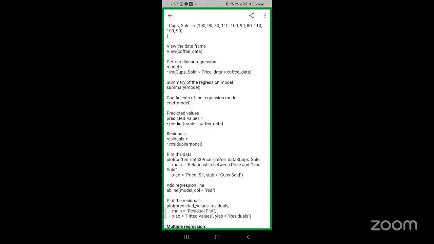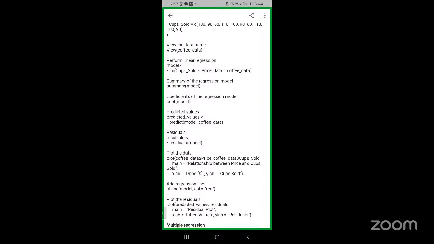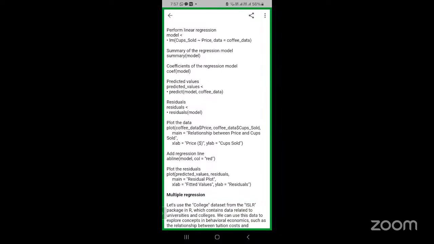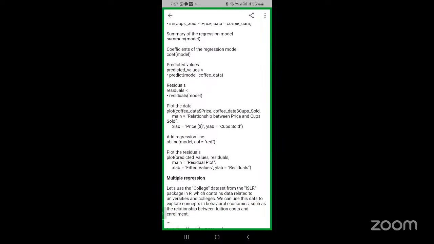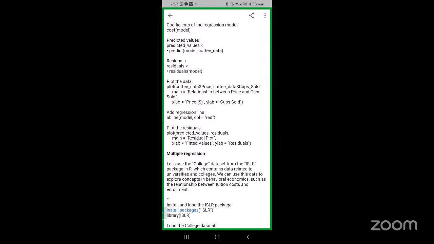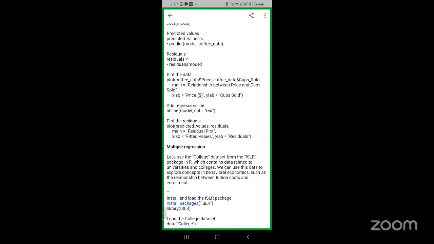After that, the dependent variable will come. Accordingly, you will get the line. Next is the residual. Residual includes predicted values, comma, residuals.